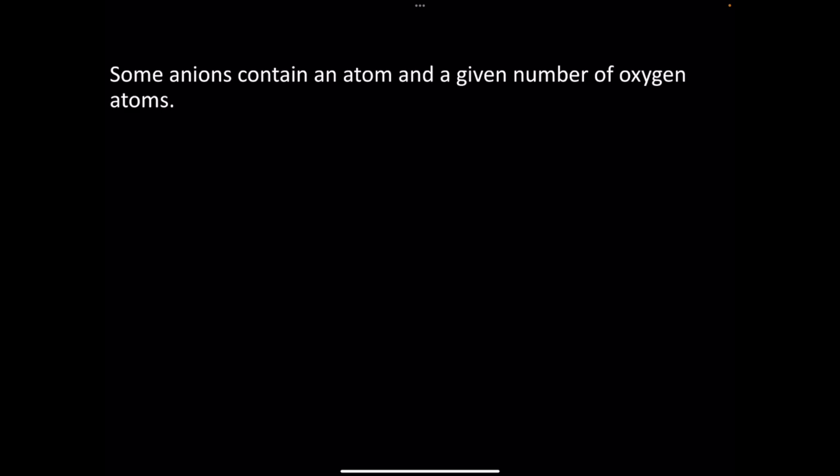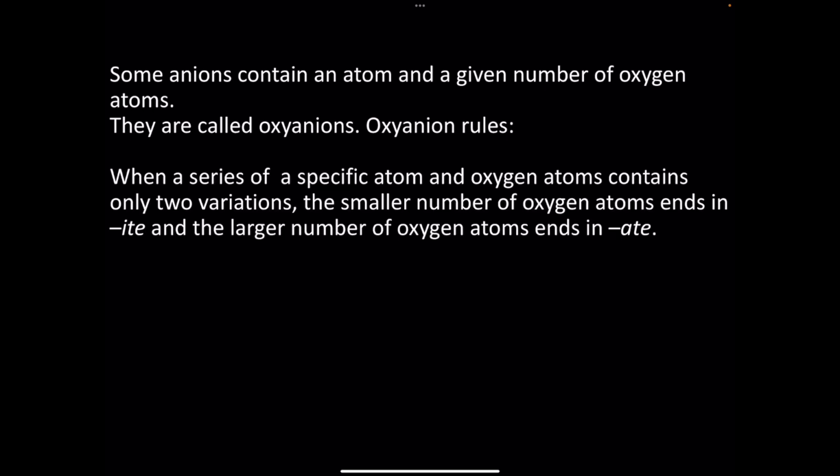Some anions contain an atom and a given number of oxygen atoms. So this is basically the rule for these anions. They are called oxyanions because they contain oxygen in them, and they have different numbers of oxygen. When there's a series of a specific atom and oxygen atoms that has only two variations, the smaller number ends in ite and the larger number ends in ate.